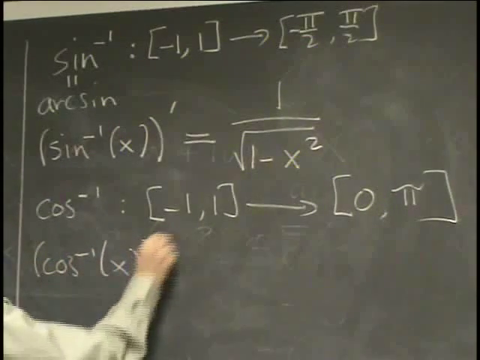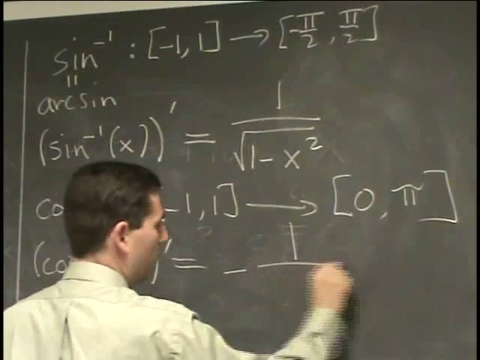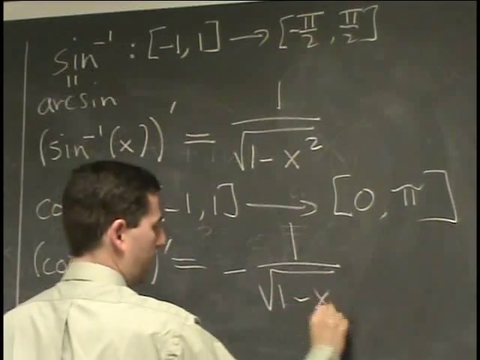And we found that the derivative was, well, the rule is if you know the derivative of one of the trig functions, and then you turn that function into a co, right? So sine becomes cosine, then what do you have to add? Just a negative. So it becomes -1 over the square root of 1 minus x squared.